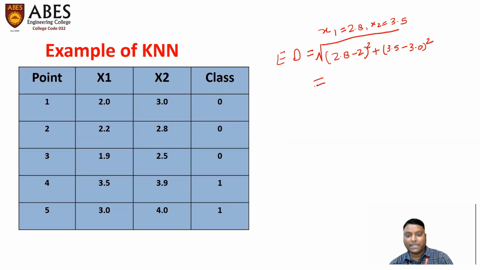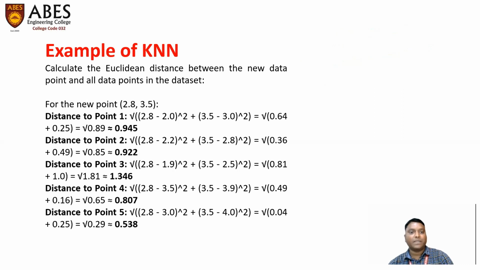After calculating, the values we get are: distance to point 1 is 0.94, from the square root of 2.8 minus 2.0 squared plus 3.5 minus 3.0 squared.